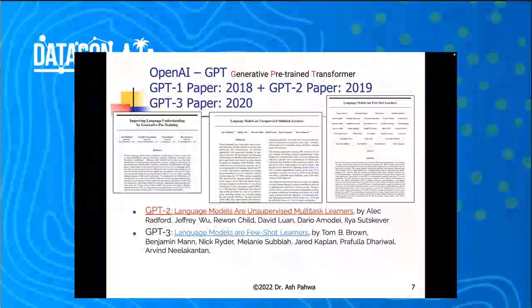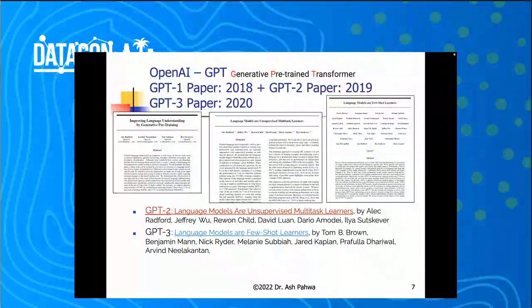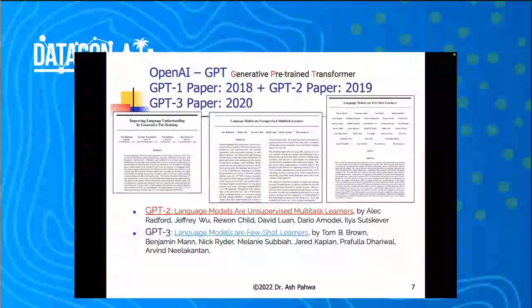But one of the great things about GPT-2 is that it has the ability to generate text. GPT-2 can become the next Shakespeare, write poetry. Isn't that mind-boggling?